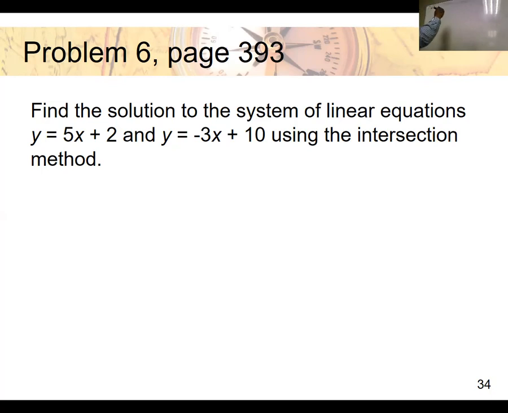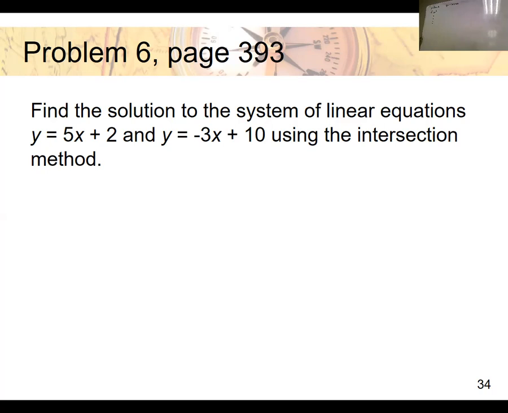I'm going to write it like this, and then the other one, y equals negative 3x plus 10. Now I'm going to arbitrarily choose values of x for each equation.